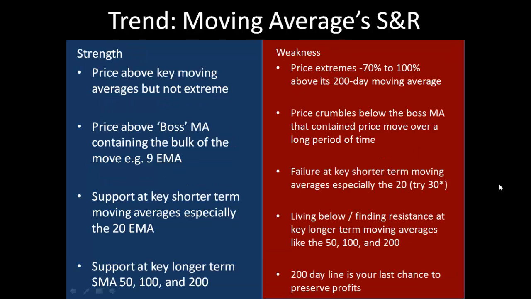Another common tool that many traders use to measure the strength or the weakness of a trend is the support and resistance zones that you can find along moving average lines. You'd like to see price moving above a key moving average, but not to an extreme. You'd like to see a boss moving average that's containing the bulk of the move in place over a long period of time.